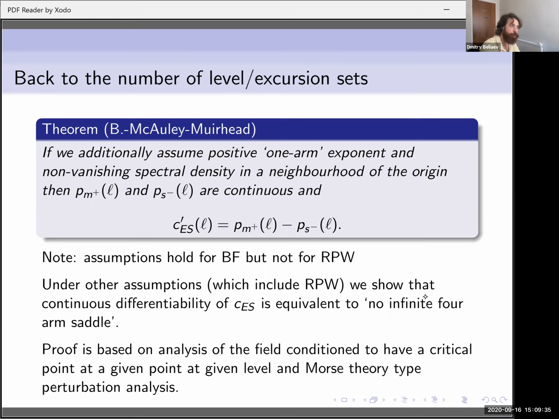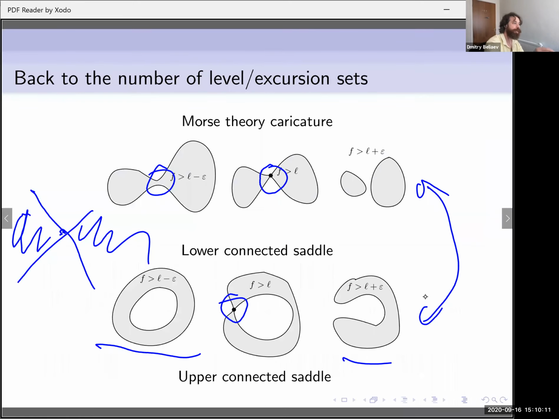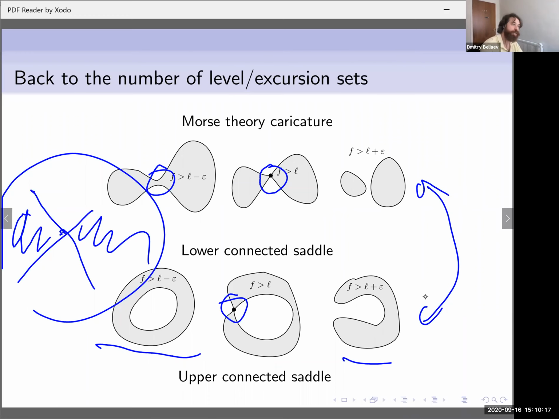But we have another theorem that under some other set of conditions, which we know hold for random plane wave, differentiability of this C is equivalent to the statement that exactly this 4-arm thing does not happen.